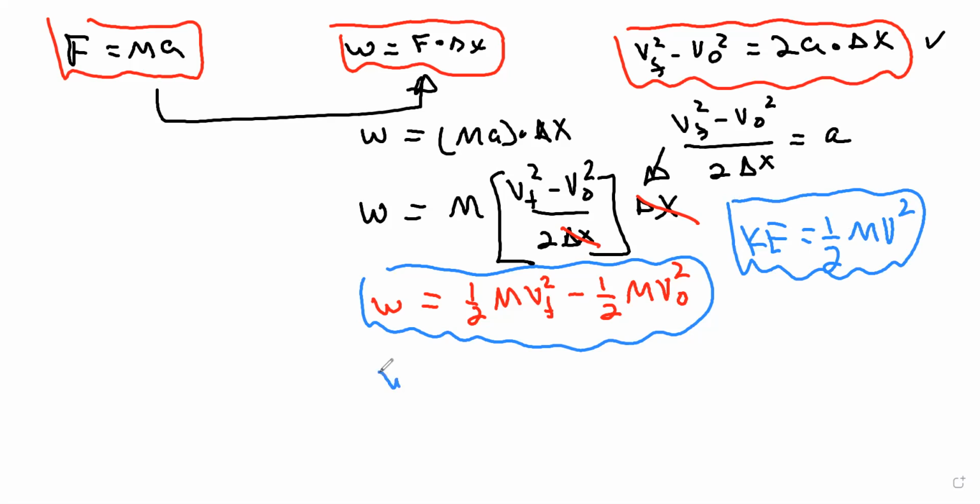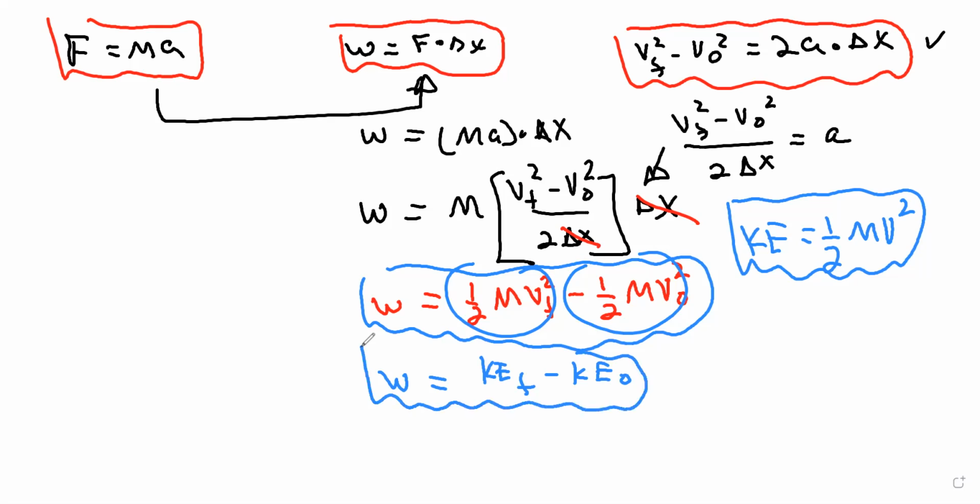So we can say that the work is equal to the kinetic energy final minus kinetic energy initial, because these guys right here. And what you have here is the work energy theorem. So we can write this one down this way.